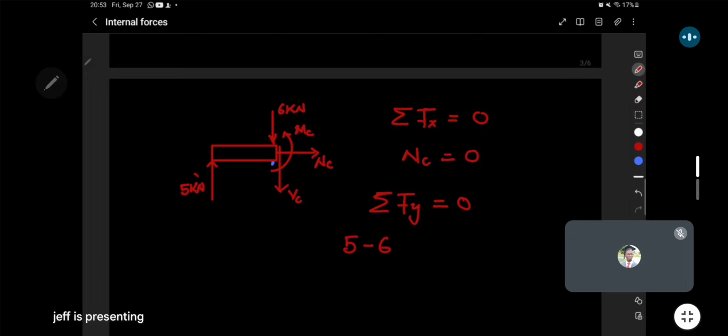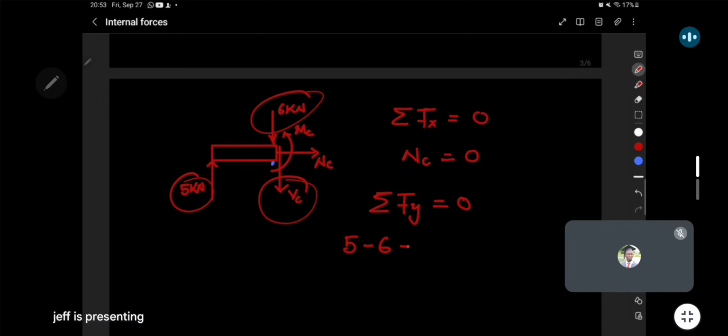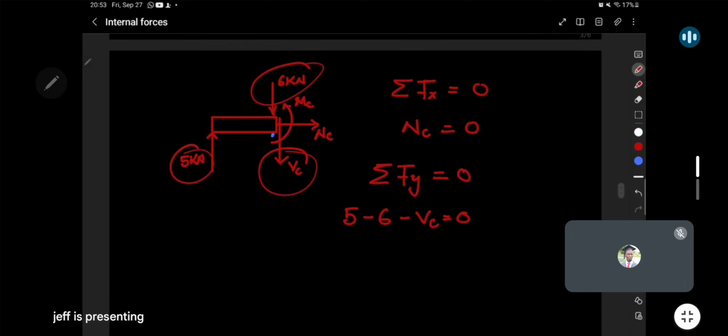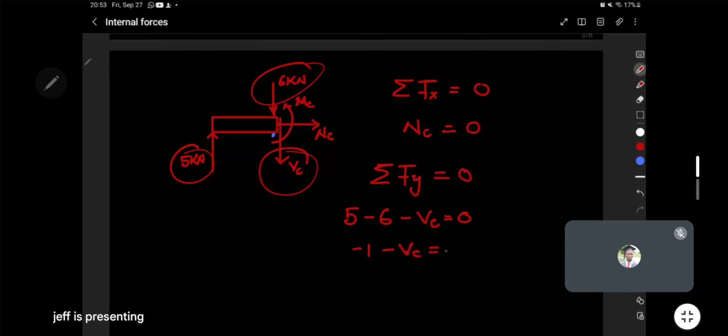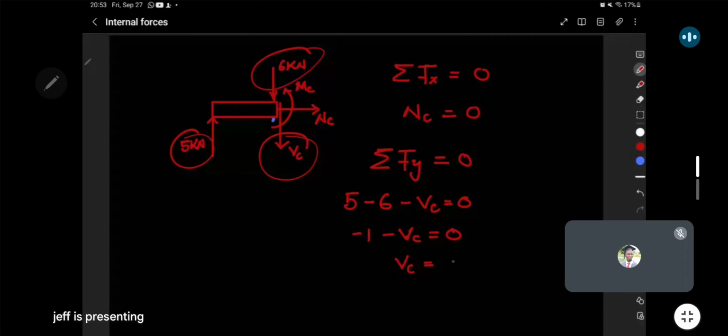You see that now you have 3 forces in the vertical axis: the 6 kilo going down and VC also going down. So when we analyze this, you have -1 here, so that finally VC will have to be equal to -1 kilonewton.